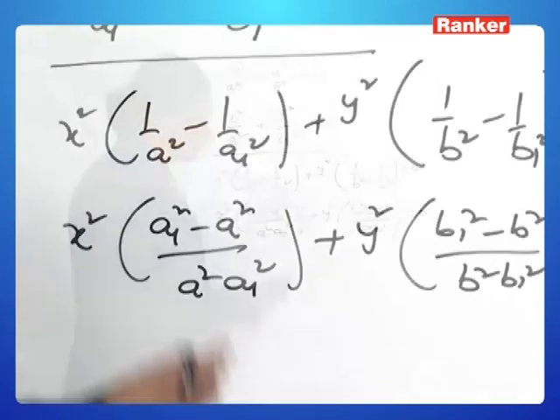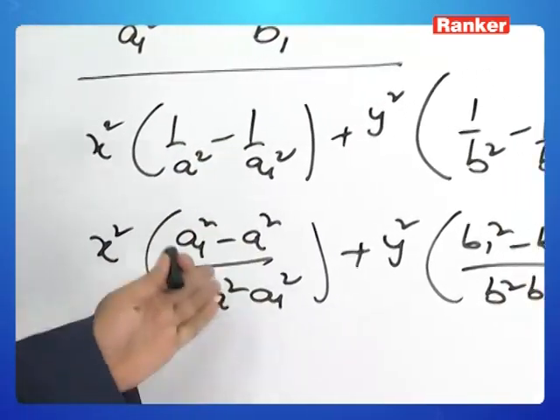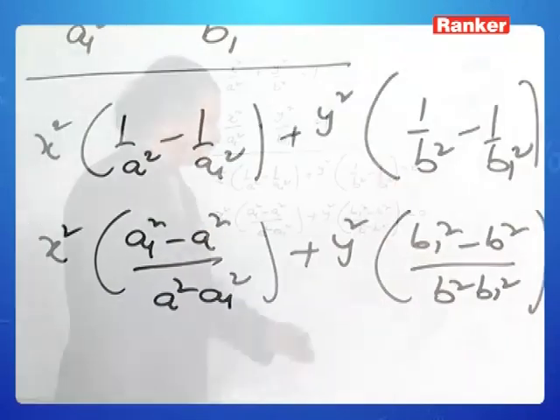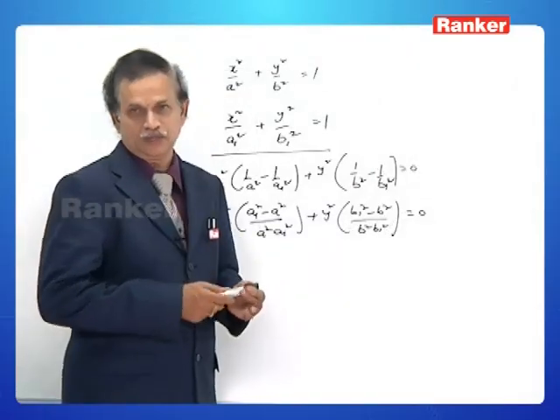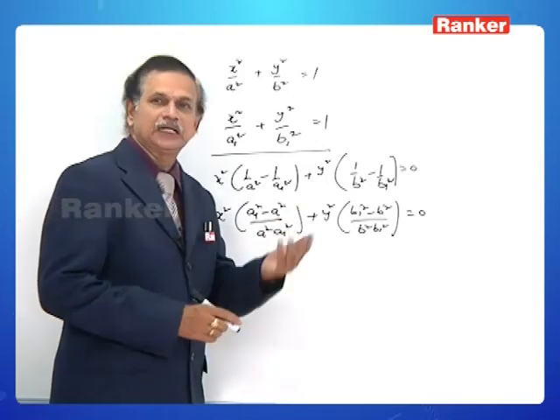We know that x1 squared into (a1 squared minus a squared) by a squared a1 squared plus y1 squared into (b1 squared minus b squared) by b squared b1 squared is equal to 0. We shall use this condition later.